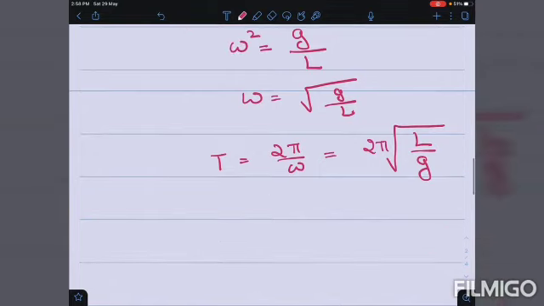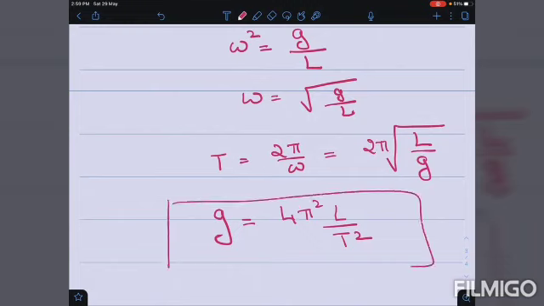So from this equation, you can calculate the acceleration due to gravity, g. Squaring it and bringing g to one side, g is equal to 4 pi square L by T square. So this is our equation for acceleration due to gravity.